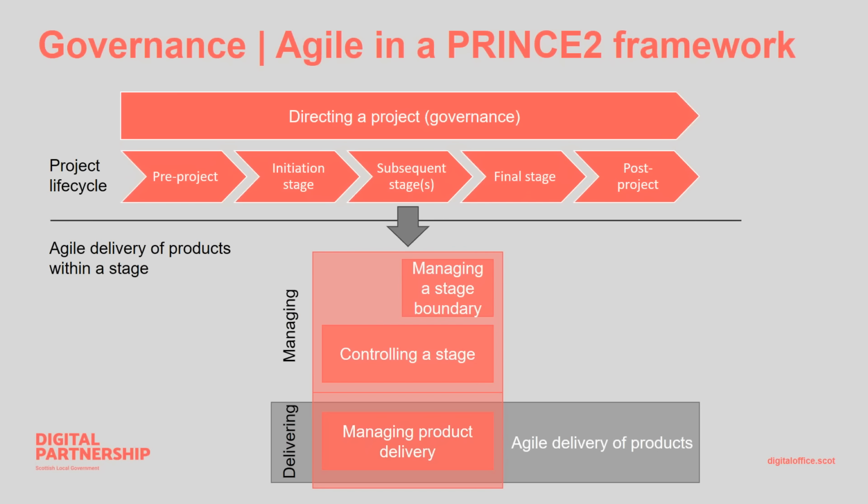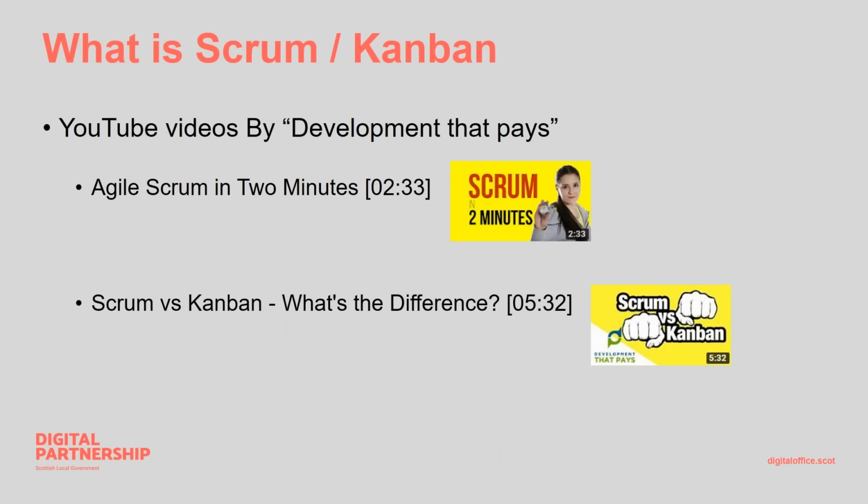So really, in summary there, I do think the Prince2 has its place. You still want your project plan, your stage plan, etc., but really Agile comes into its own when we talk about managing product delivery. So let's have a chat actually about Agile. Two of the techniques you will likely have heard of are Scrum and Kanban.